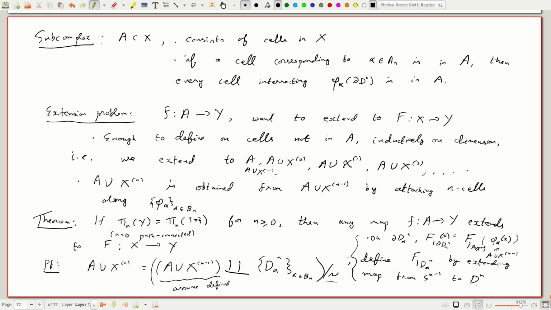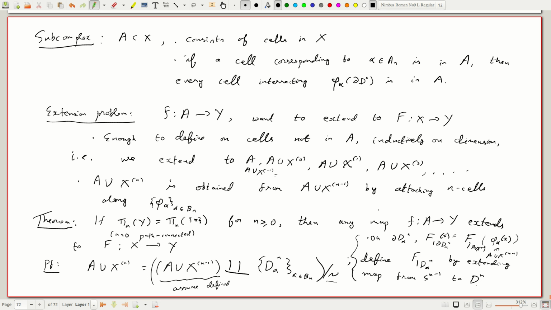For pi 1, we saw this, and we saw this for pi n for n greater than or equal to 2. So we can always extend a map from a sphere to a disk if the homotopy groups vanish. Okay, so all homotopy groups vanishing, starting with 0, tells you that you can always solve extension problems, provided you have domains being CW complexes.